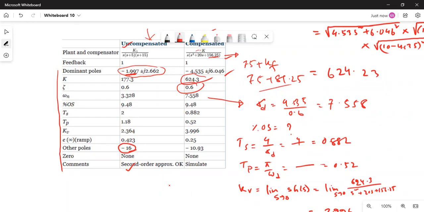But in the other case, as you can see here, it is around 4.5, it is minus 10. So it's very close here. Whatever calculations we're doing here may not be accurate. That is why we have to mention that our results have to be verified by simulation, or whatever values or changes we have to accommodate according to our simulation.